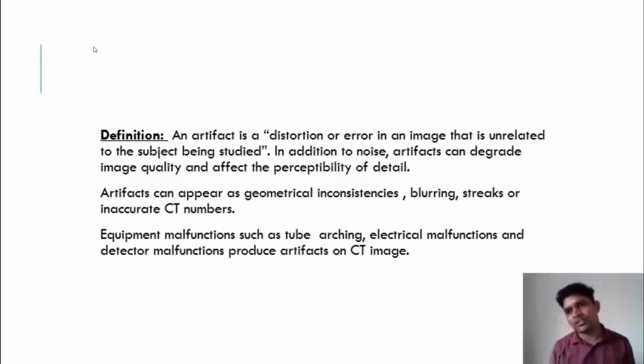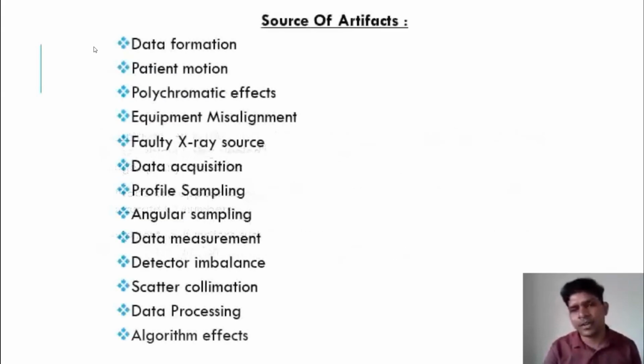Equipment malfunctions such as tube arcing, electrical malfunctions, and detector malfunction produce artifacts on CT images. These are all different reasons for artifacts. So what are the sources of the artifacts? They may be due to data formation, patient motion, polychromatic effects, equipment misalignment, or a fault in the X-ray source.